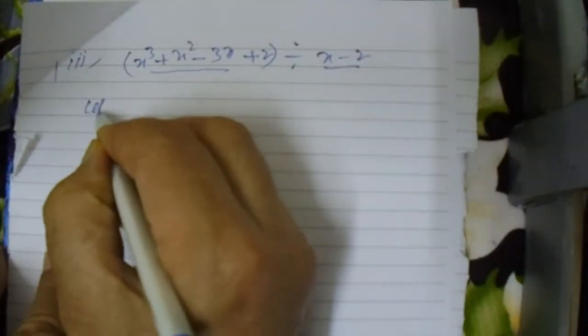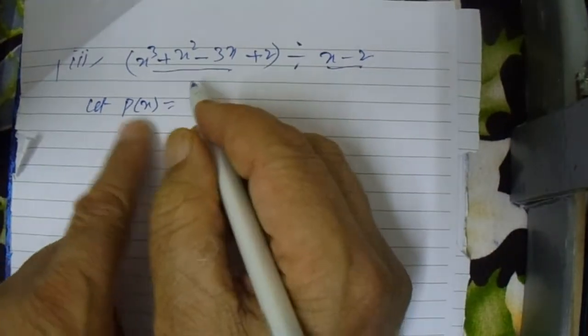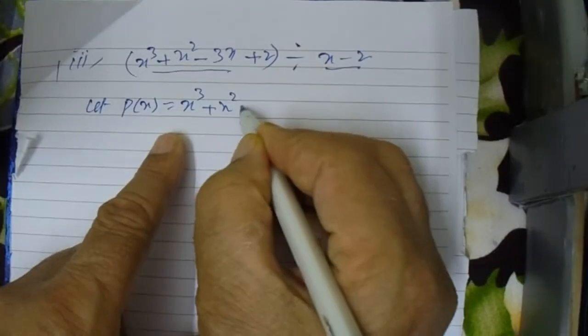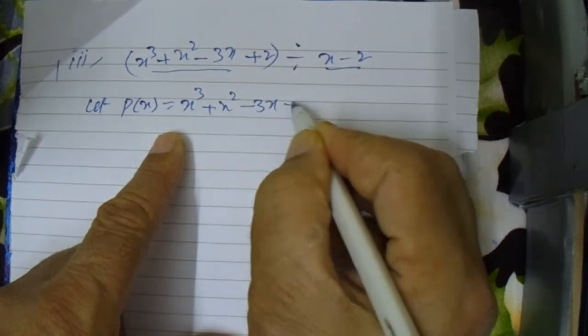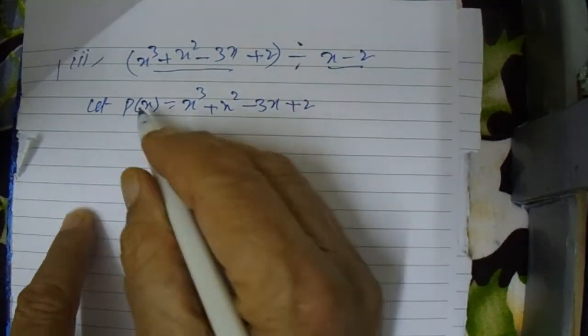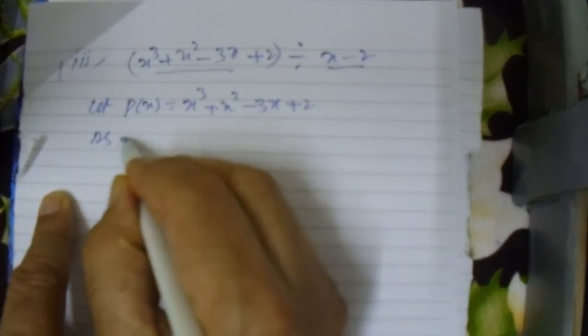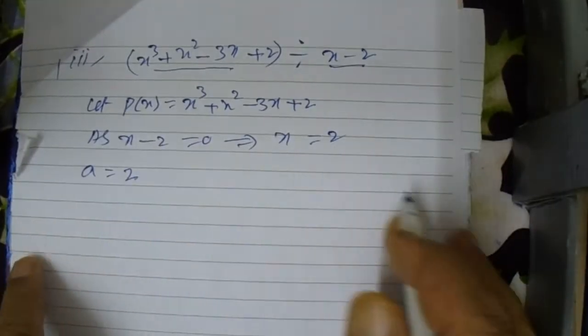Let p(x) is equal to x to the power 3 plus x square minus 3x plus 2. As x minus 2 is equal to 0, here x is equal to 2, it is a is equal to 2.